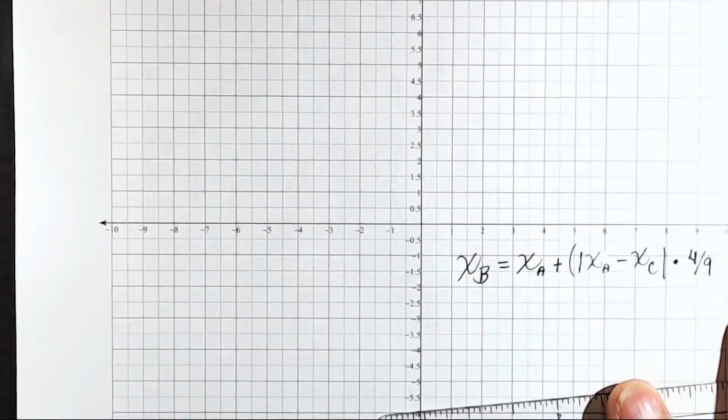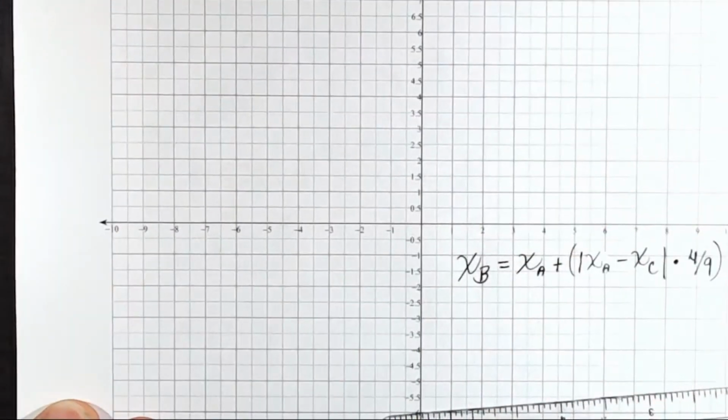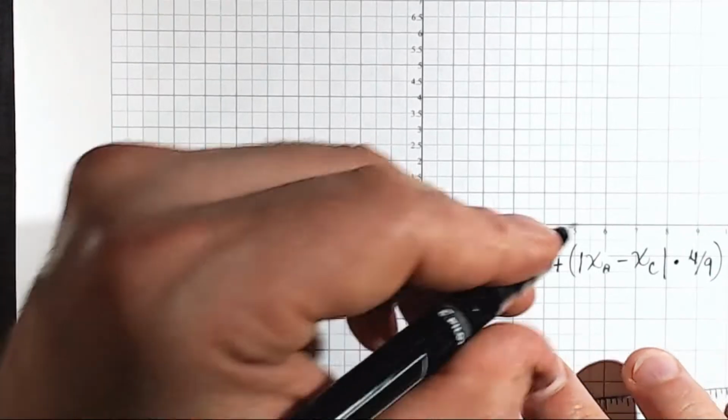4/9. Right, and then close that parentheses. All right, and so now it's just a matter of plugging in the values.